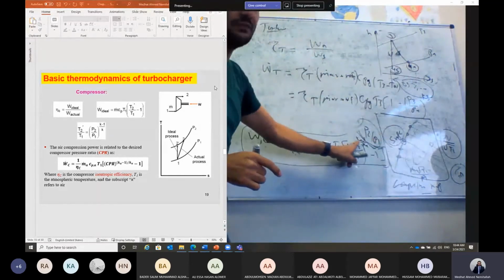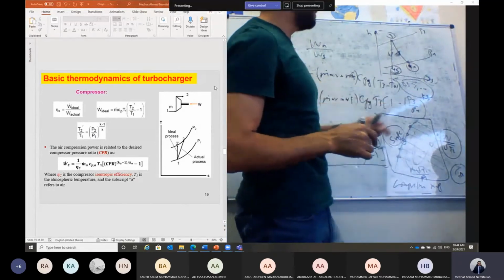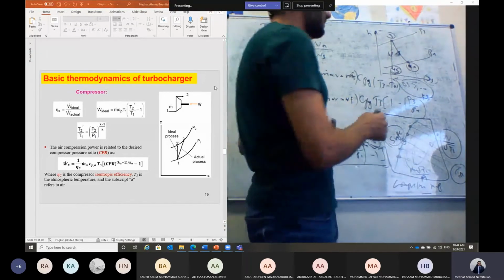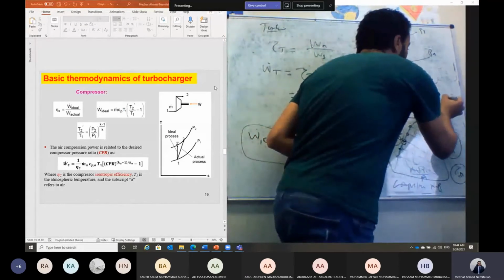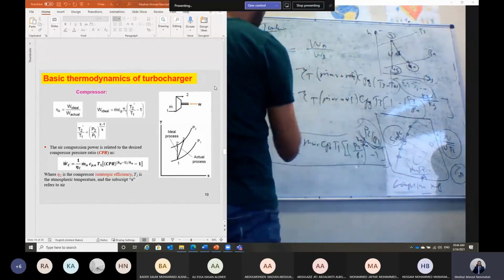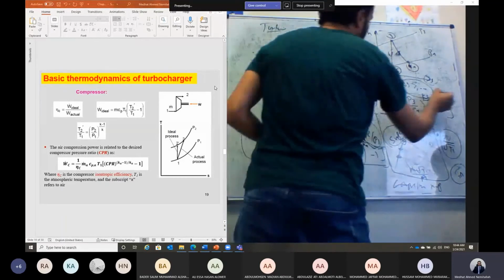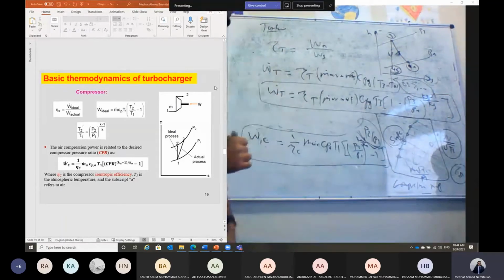For the compressor it is k for air, the specific heat ratio for air. Here we have the exhaust gas, fuel plus air, so it will be k gas. And this is how we can calculate the power of the turbine, okay?